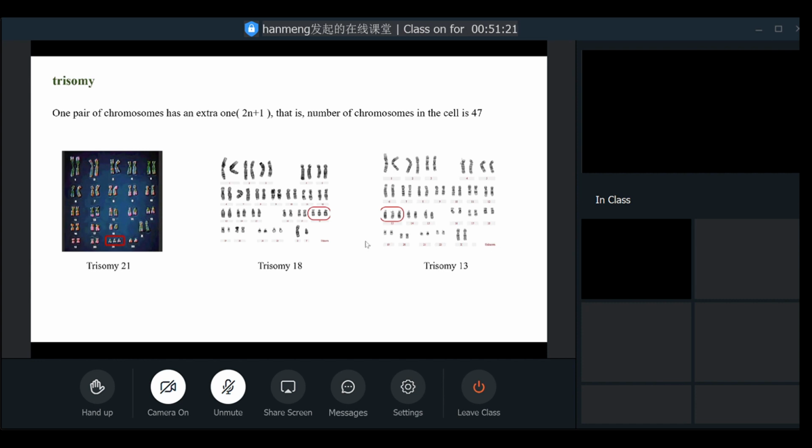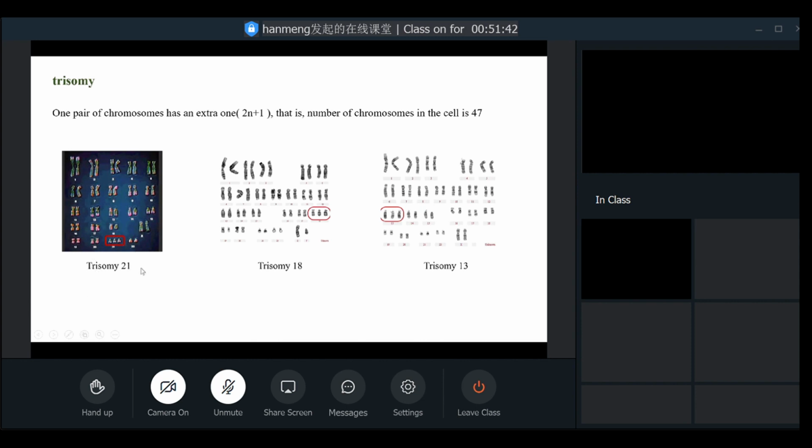Then this is the trisomy 18 and the trisomy 13. Here, you should pay attention that chromosome 21 is the smallest autosomal chromosome in humans.